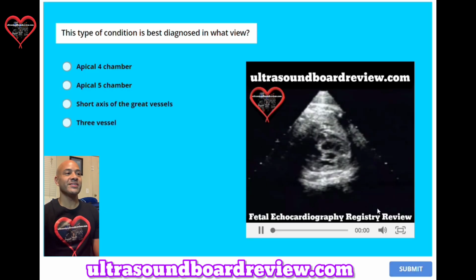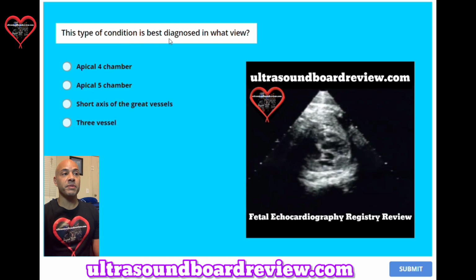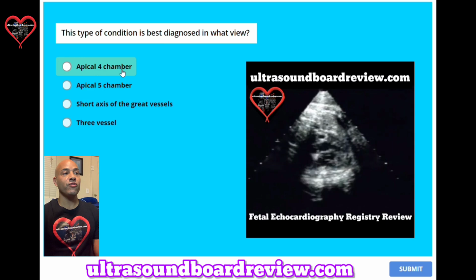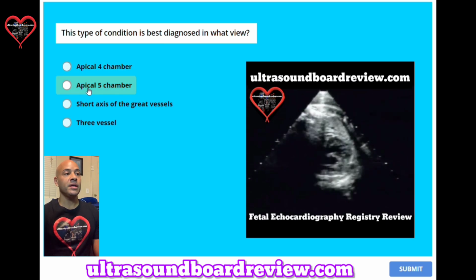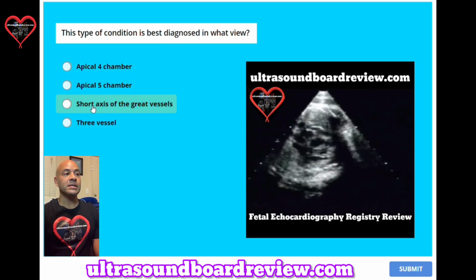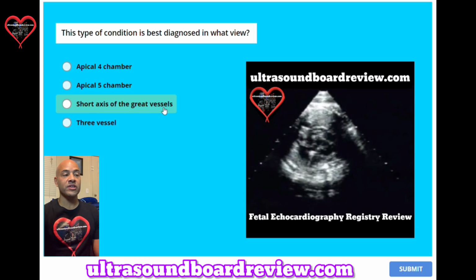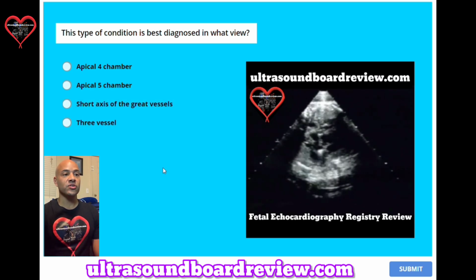Question 67. This type of condition is best diagnosed in what view? A, apical 4-chamber. B, apical 5-chamber. C, short axis view of the great vessels. Or D, 3-vessel?